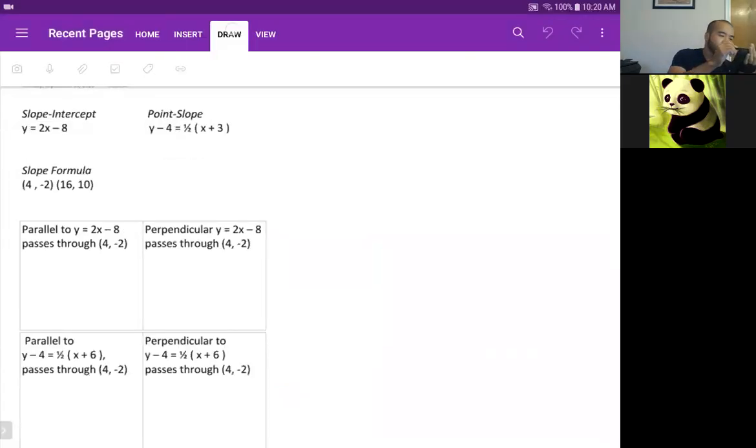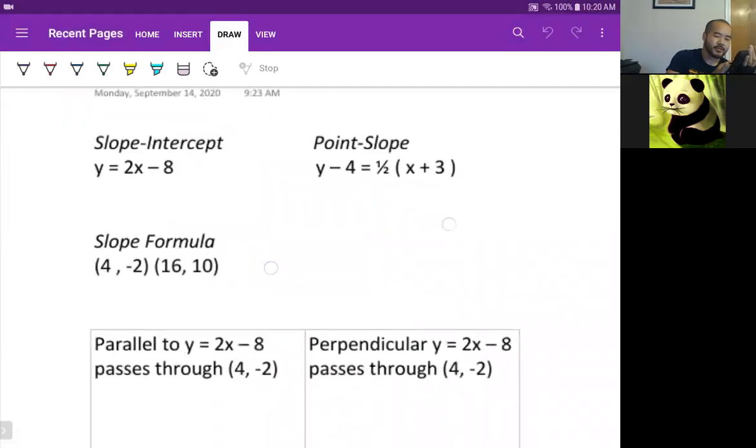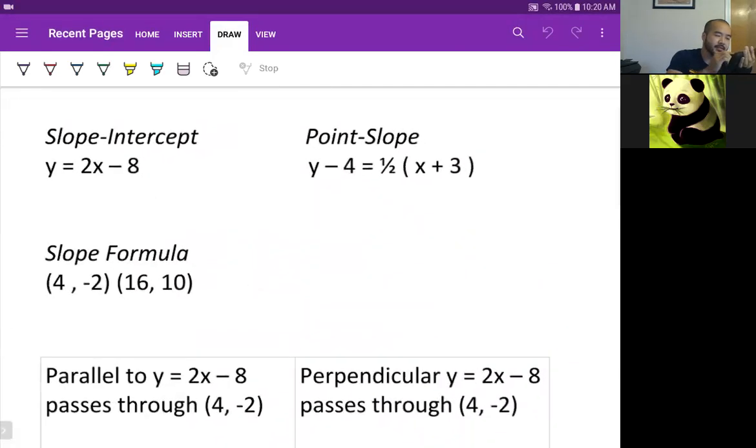All right, so you have two types of equations that we're going to be dealing with today. You've got slope-intercept and then point-slope form. With slope-intercept, this is the y-intercept, and then this is the slope.